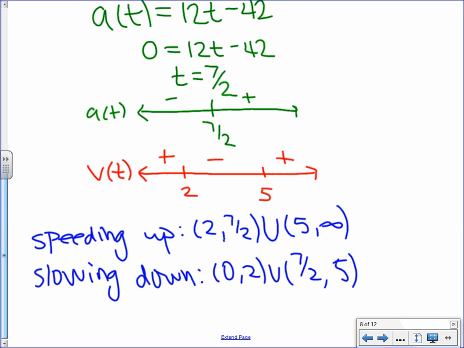When velocity is negative and acceleration is negative, why is it speeding up? Because we are accelerating in the negative direction. Imagine you're backpedaling, and you're just starting to backpedal faster. You're still speeding up, but you're speeding up going backwards.